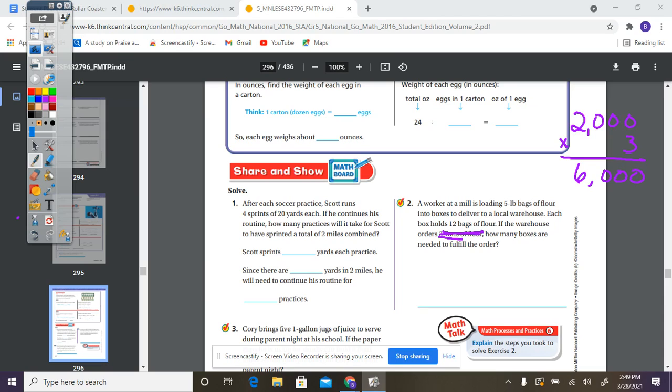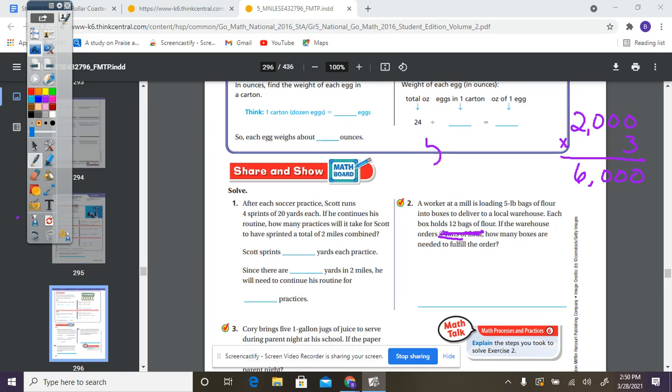12 5-pound bags of flour. So we need to know how many 5 pounds are in that 6,000 pounds. Okay, because we need to know how many bags are there, right? If I know how much flour they're ordering, which is 6,000 pounds, I need to know, well, how many bags is that?